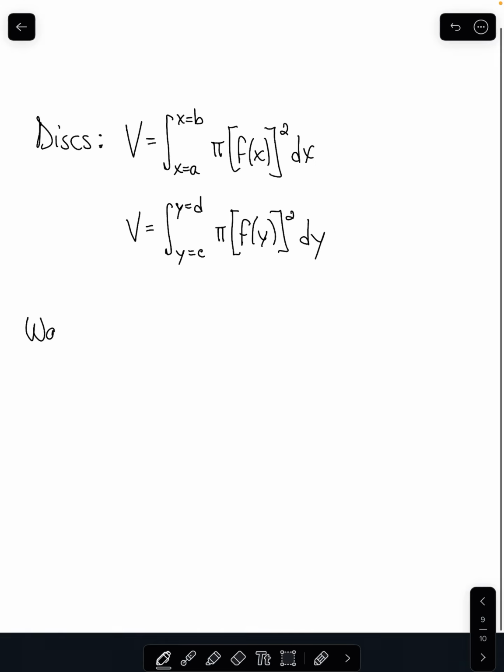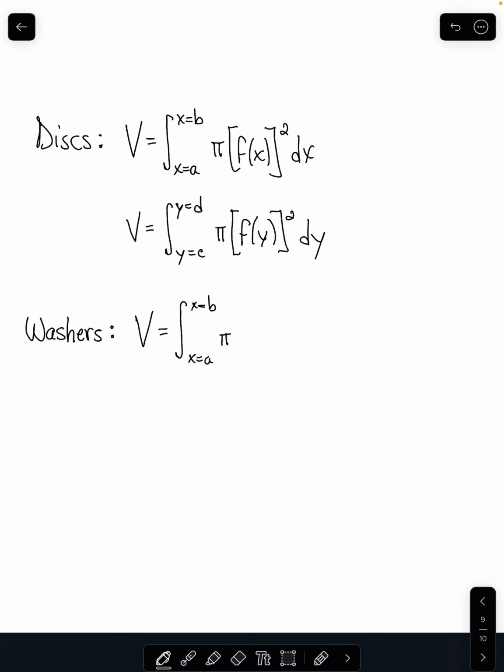The washer method, the volume with respect to x would be from x equals a to x equals b of pi times f of x squared minus g of x squared dx, where f of x represents the outer radius, and g of x represents the inner radius.